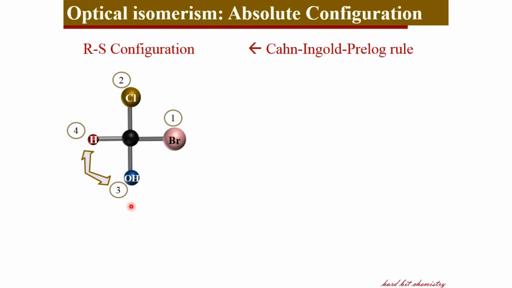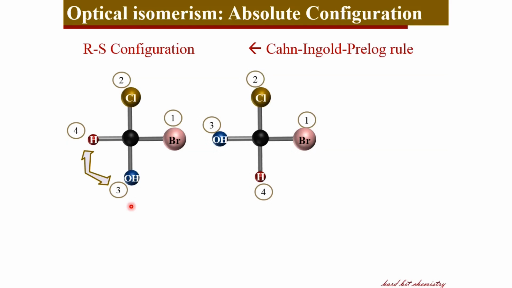So for this exchange, you get a new structure like this, and remember, with a single exchange, the new structure obtained has the opposite configuration to the original structure. If you want to get a structure identical to the original, you need to make two exchanges.